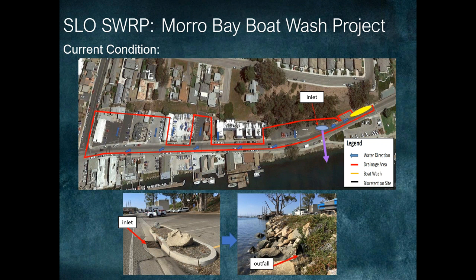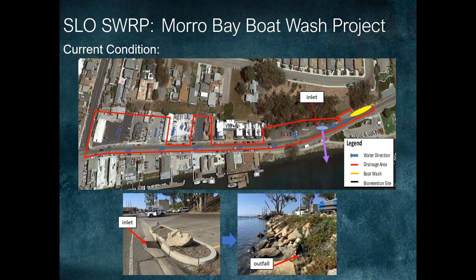It crosses the street in a pipe, and it discharges directly untreated to the bay. I hope you can see the inlet, a black corrugated pipe that's there. In that upper picture, it's depicted by that purple line. Runoff goes into that inlet and out. And there are a lot of situations like this, either going to creeks or oceans throughout the county.